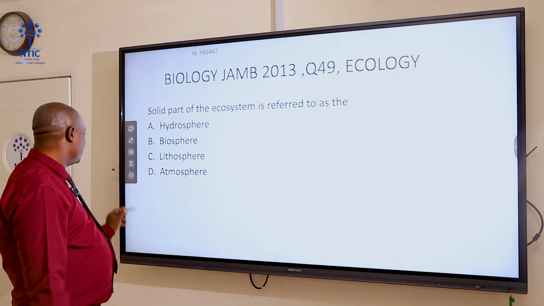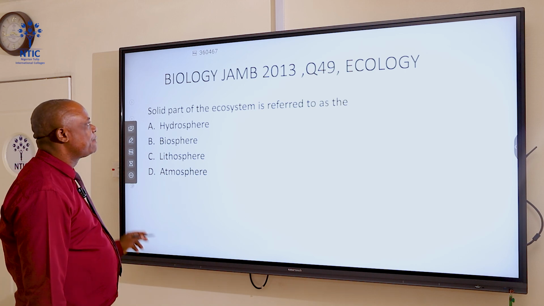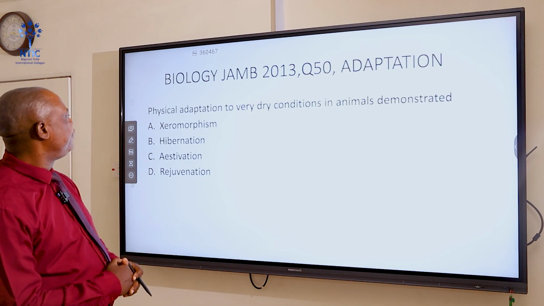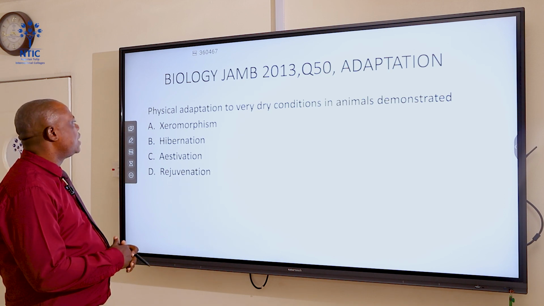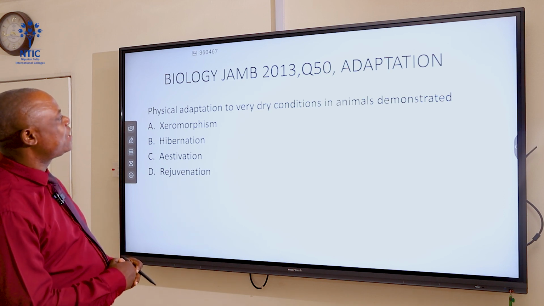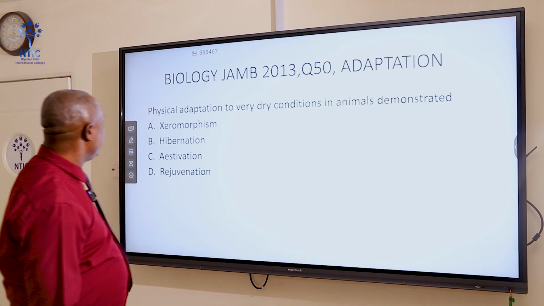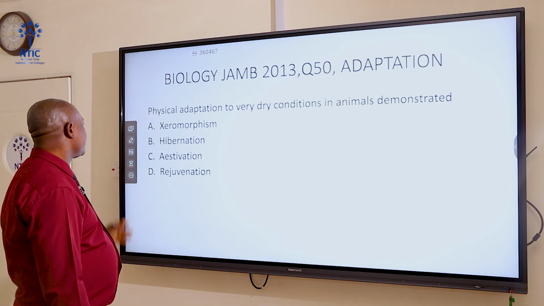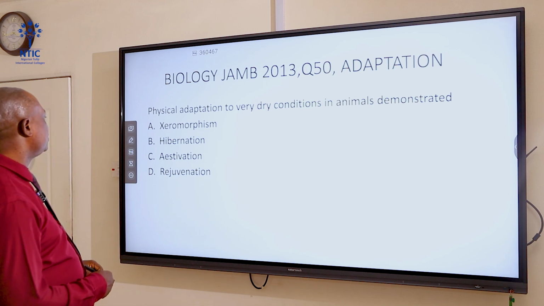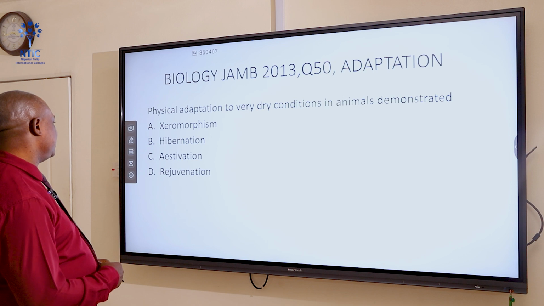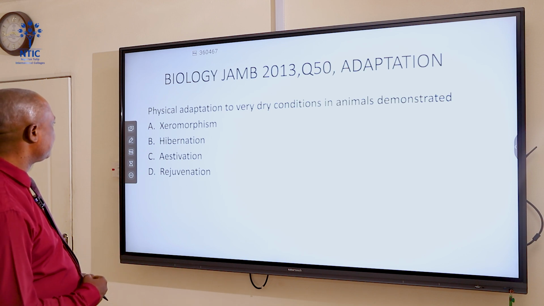Now we move to the last question. Last question, that's question number 50. Physical adaptation to very dry condition in animals is demonstrated in option A, xeromorphism, option B, hibernation, option C, estivation, option D, rejuvenation.